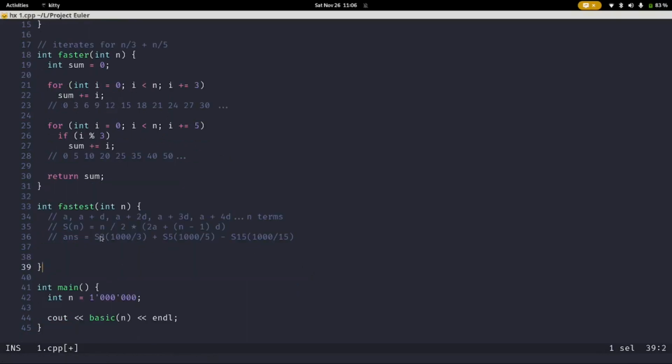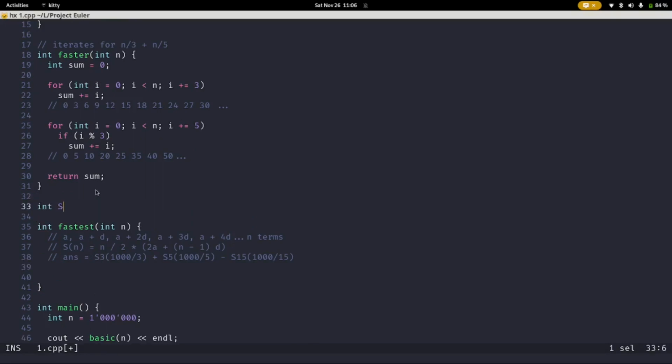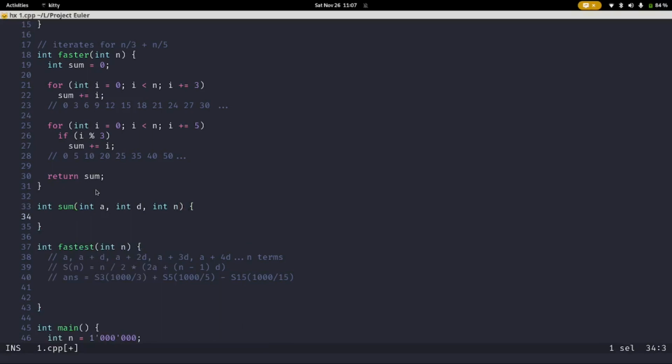So if I were to make a function, I'll call it sum, which takes in a, d, and n, and spits out how many of those sums there are.